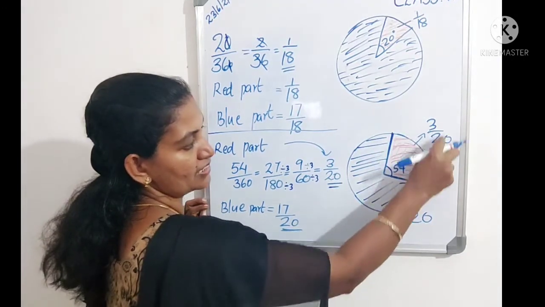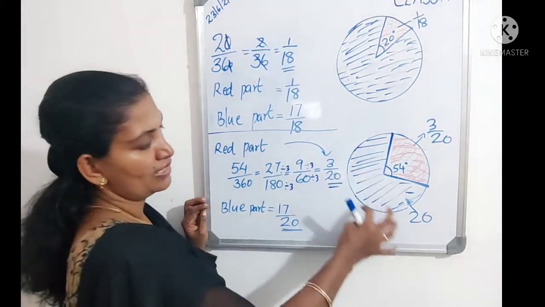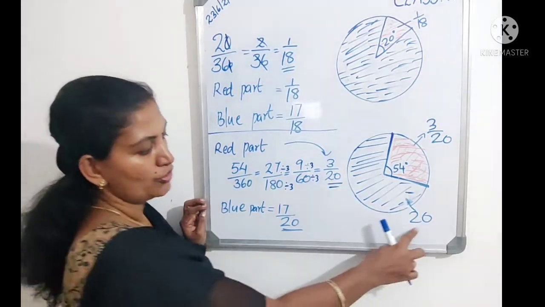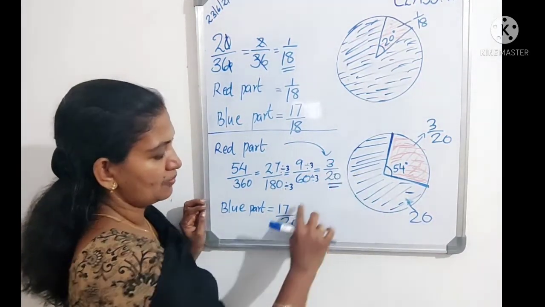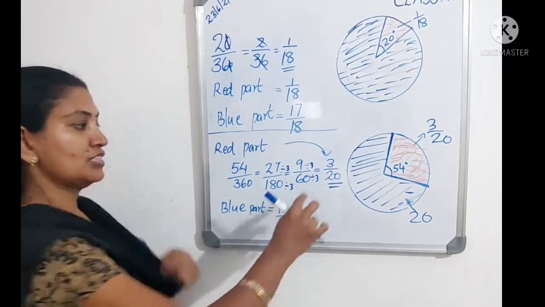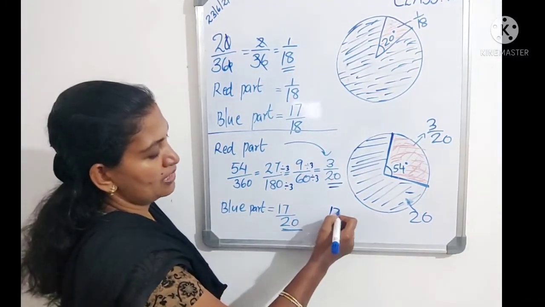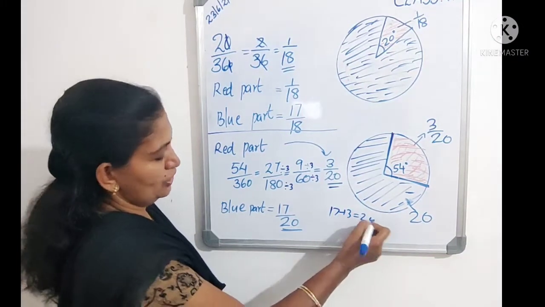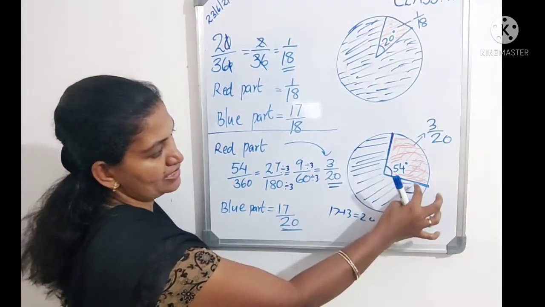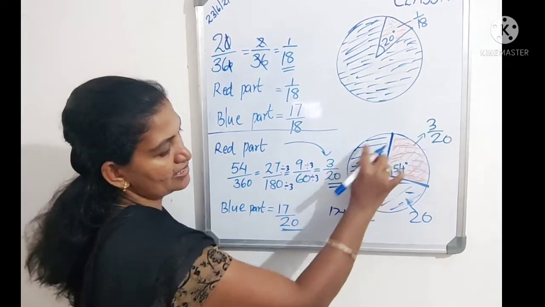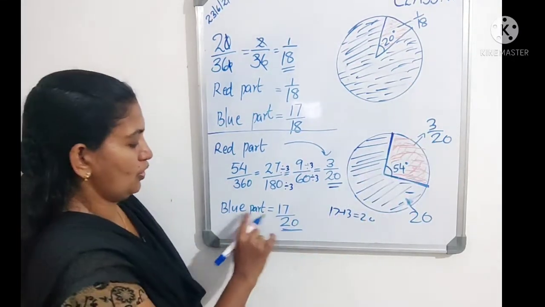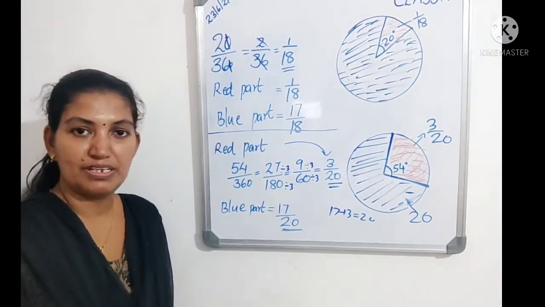The remaining part is how much? 20 equal parts, so remaining is 17, because we know that 3 plus 17 is 20. So blue color part is 17 part. So blue part is 17 by 20.